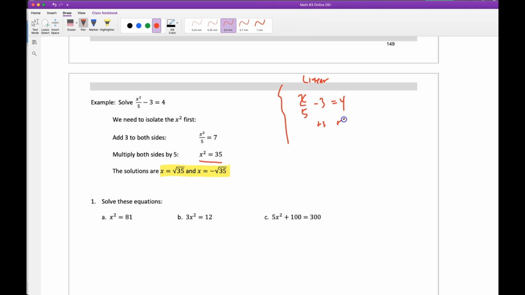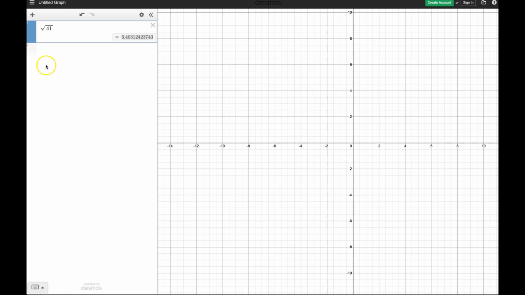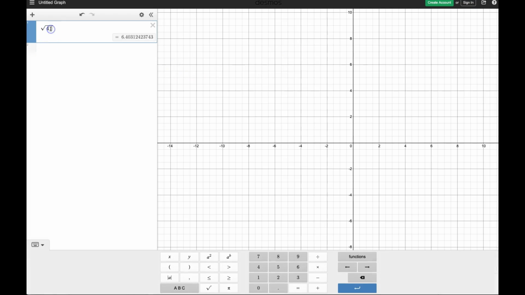You would do the same steps here. Add 3, x over 5 equals 7, and then you multiply both sides by 5. So the rules don't change. All that will change is what happens when you get to the x squared part. You take the square root of both sides, and then you end up with both of those. And then, of course, that can be converted into its decimal.